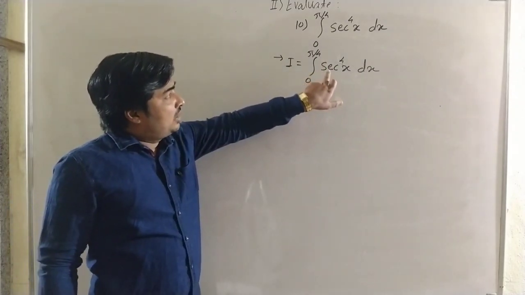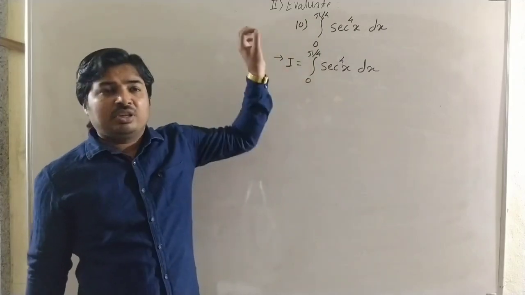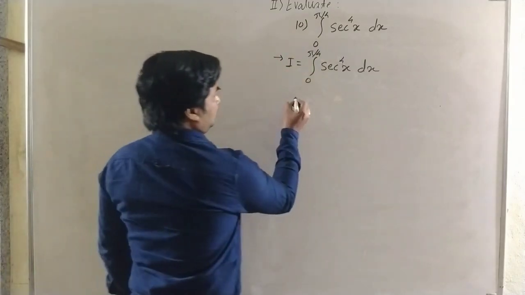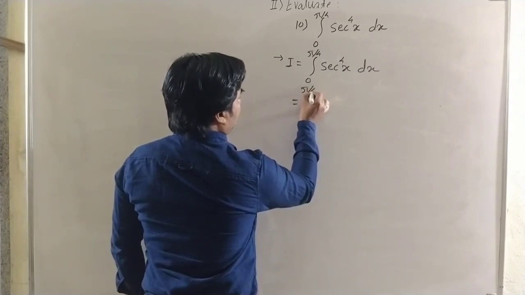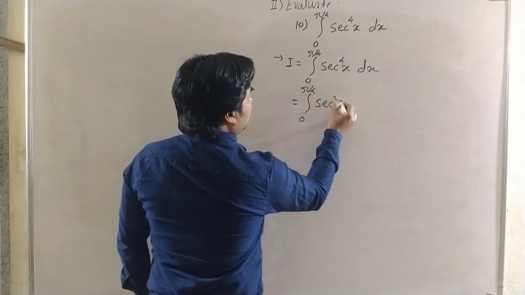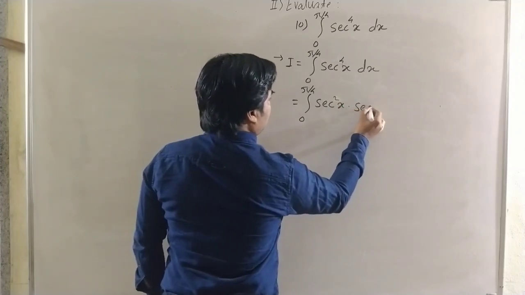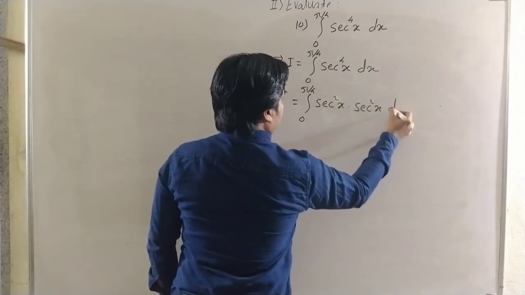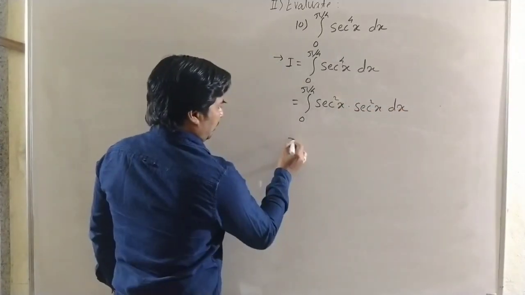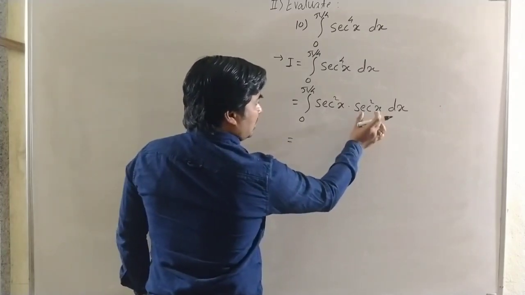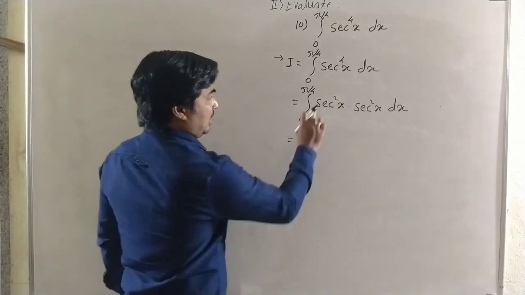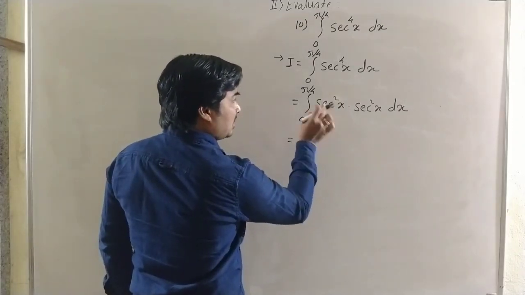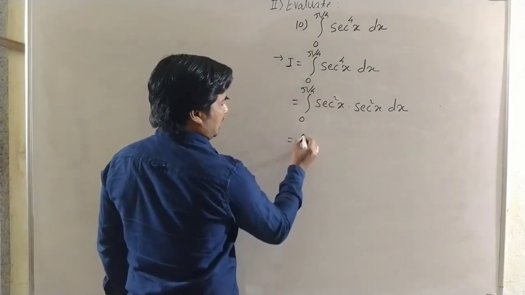Here we convert: sec to the power 4 is sec square into sec square. Integral 0 to pi by 4, sec square x into sec square x dx. Now in the multiple of dx there is a sec square, and sec square is the derivative of tan x. So convert this sec square x into tan square x.